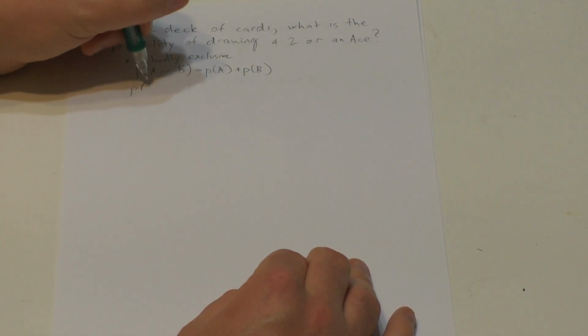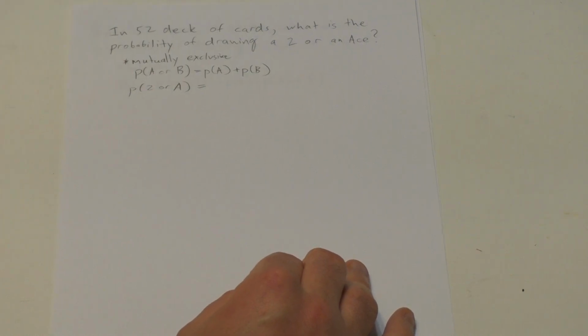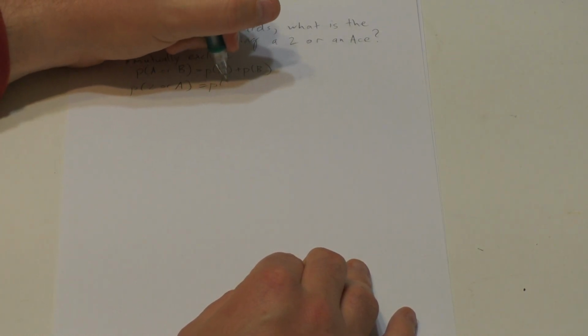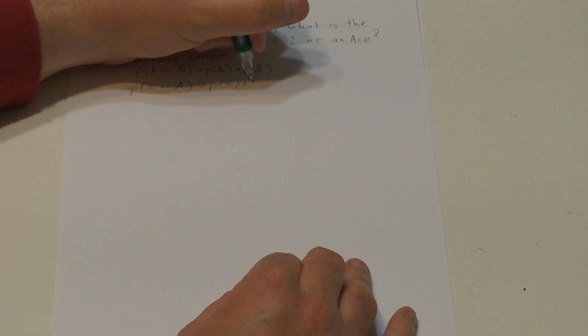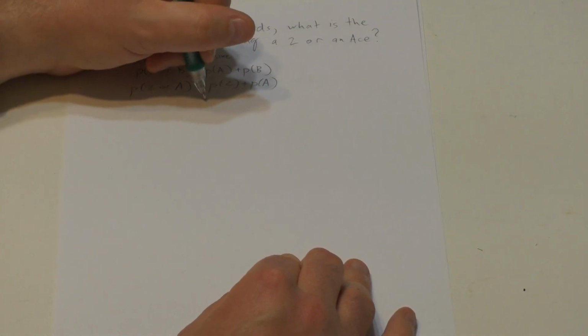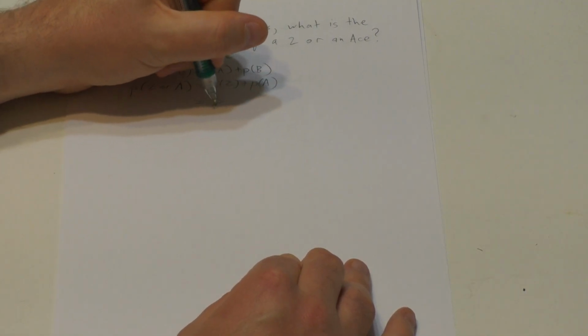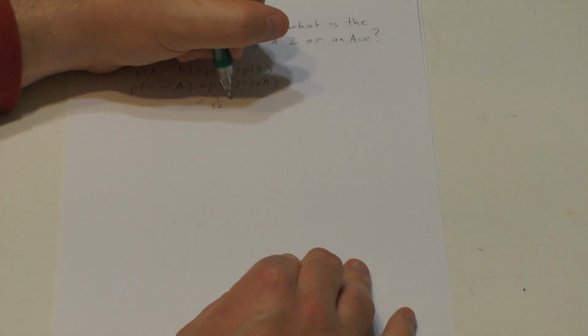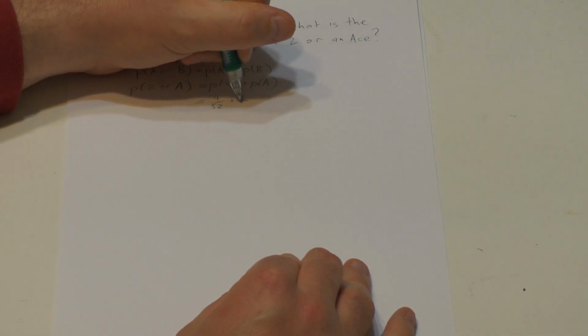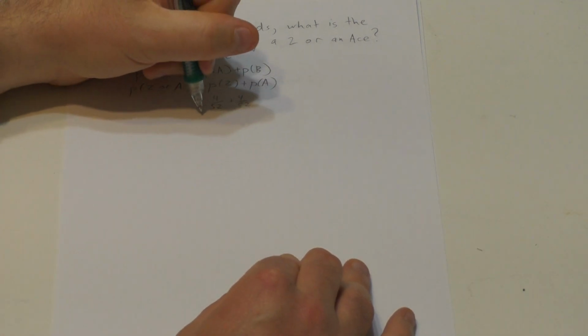Okay, so probability of 2, or I'm going to put an A for ace. Okay, so I'm going to add. I have the probability of 2 plus the probability of ace. Okay, probability of drawing 2. Well, there's 4 2s out of 52, plus 4 aces out of 52. Okay, add those together.